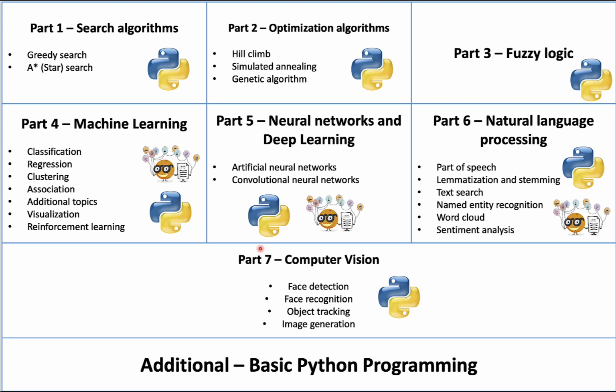As you could see, most of the course is implemented in Python. So, at the end of the course, there are some additional lectures about basic Python programming. If you don't know this programming language, I encourage you to follow the basic lectures first, and then you move on to part number 1 about search algorithms.